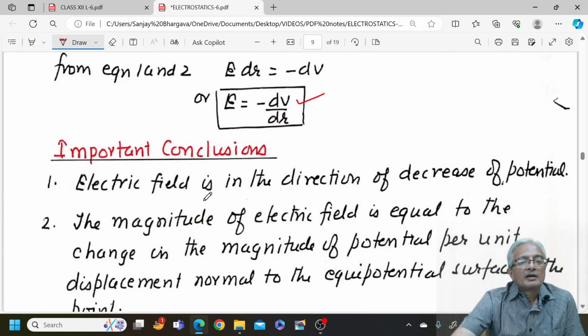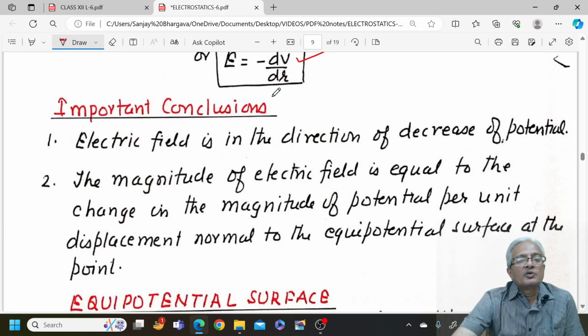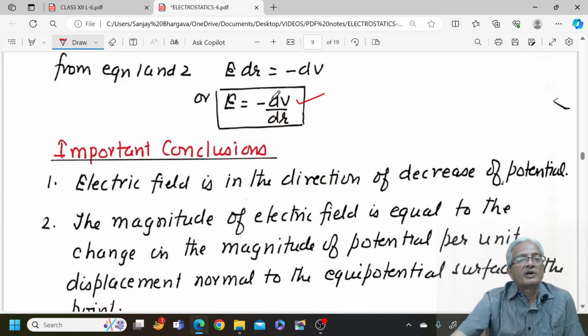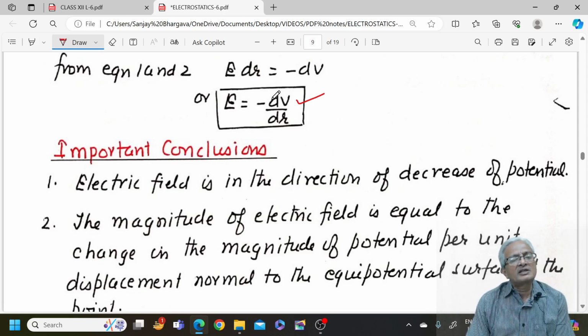Now what important conclusions can we draw from the equation E is equal to minus dV by dr? First, electric field is in the direction of decrease of potential. Whatever is the direction of decrease of potential, the same would be the direction of electric field.